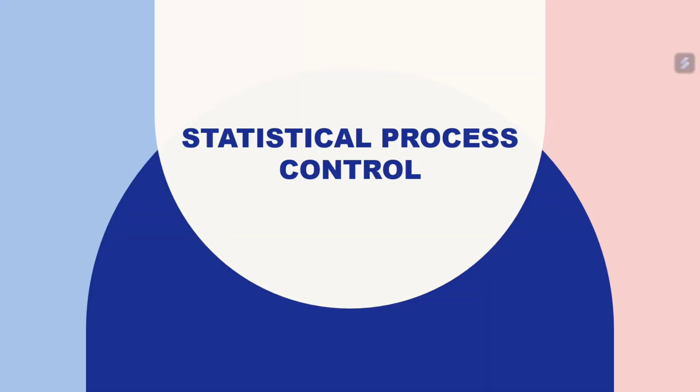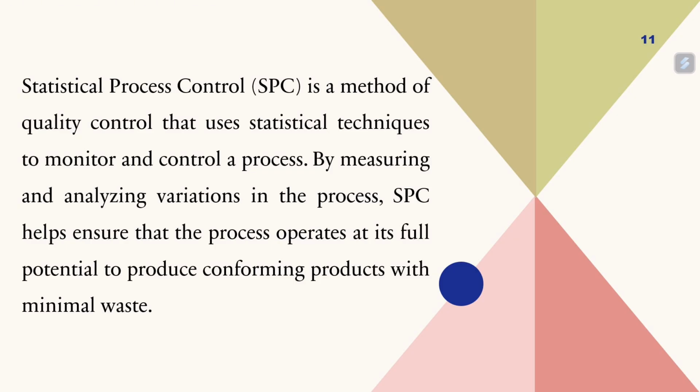Next is statistical process control. Statistical process control is a method of quality control that uses statistical techniques to monitor and control a process. By measuring and analyzing variation in the process, statistical process control helps ensure that the process operates at its full potential to produce conforming products with minimal waste.